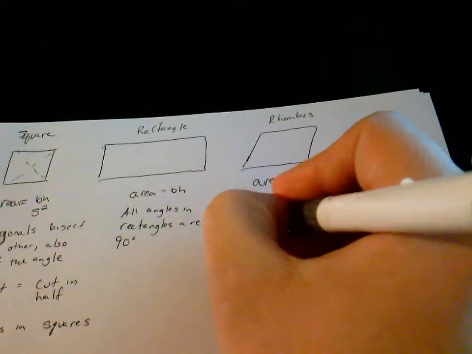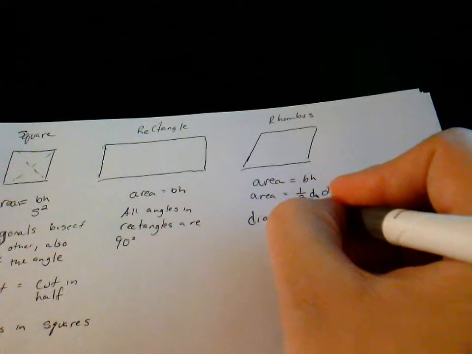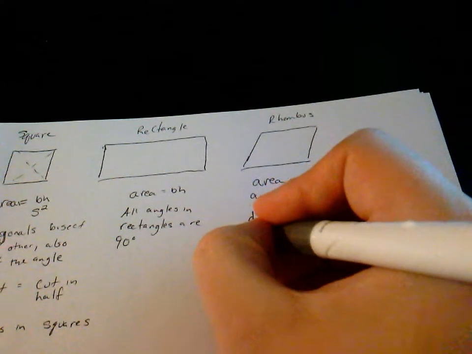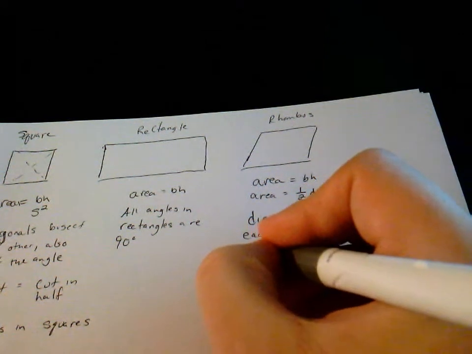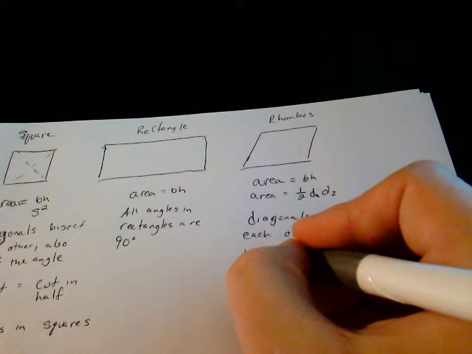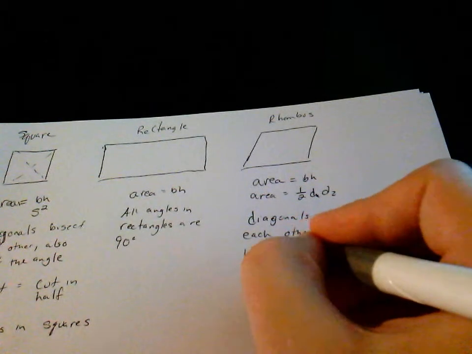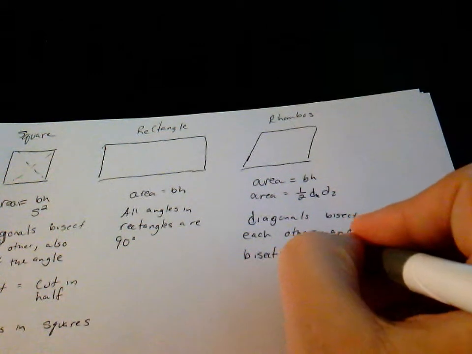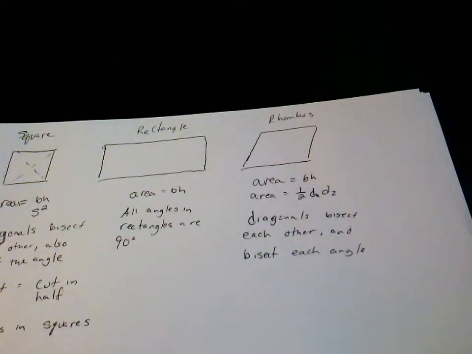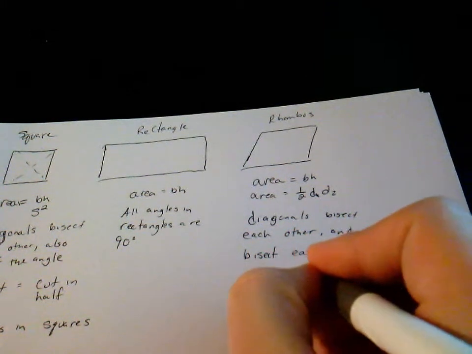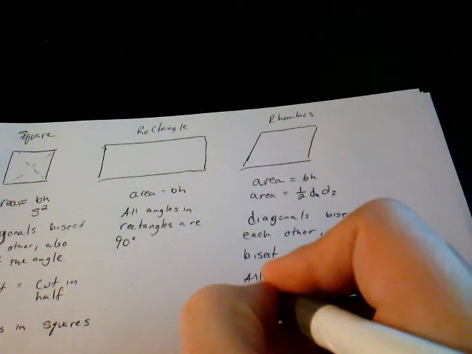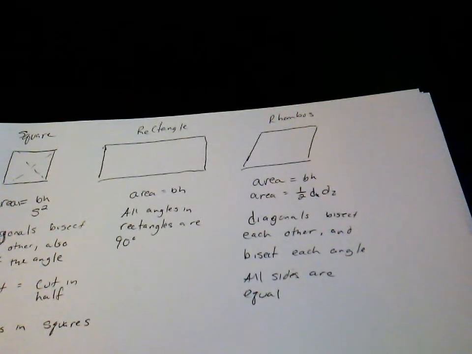And then diagonals bisect each other and bisect each angle. Okay? Those and all sides are equal. Those are actually all the different, those are the three special types.